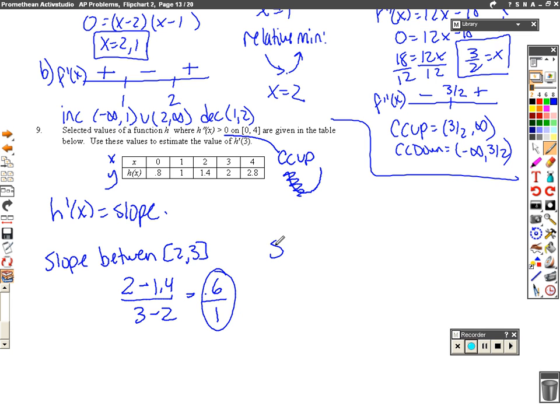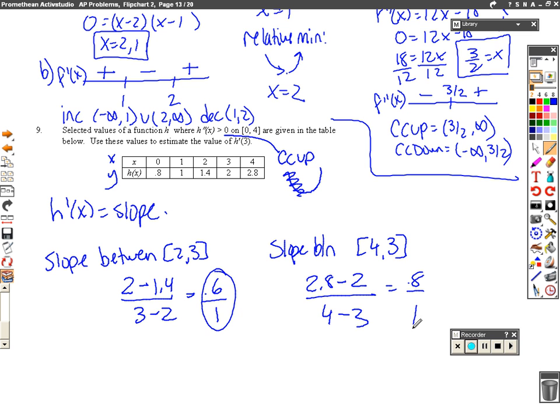All right, let me look at the slope between 4 and 3, or 3 and 4. I probably should have written it the other way, but it doesn't make a difference. That's y2, 2.8, minus y1, 2, over x2 minus x1, which is actually 0.8 over 1, or 0.8.